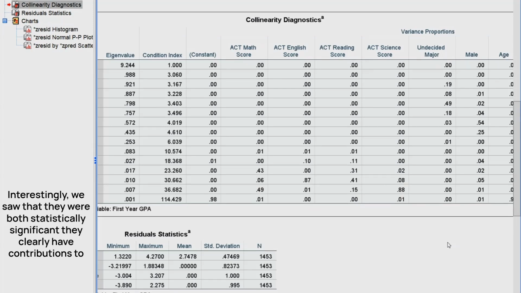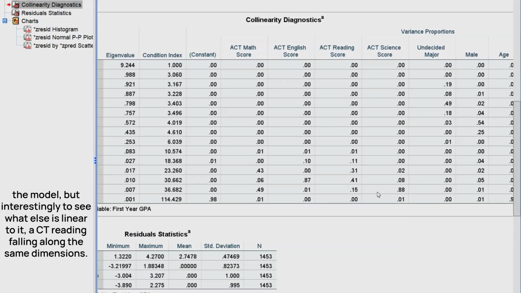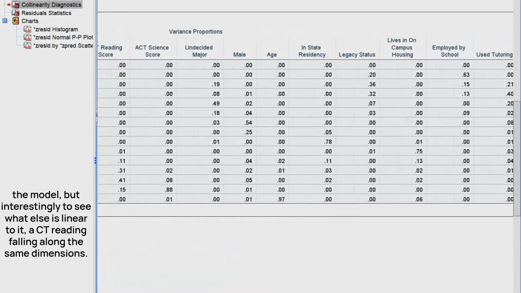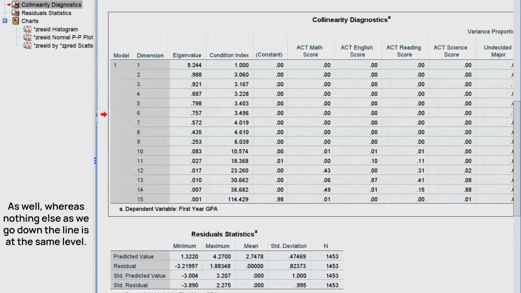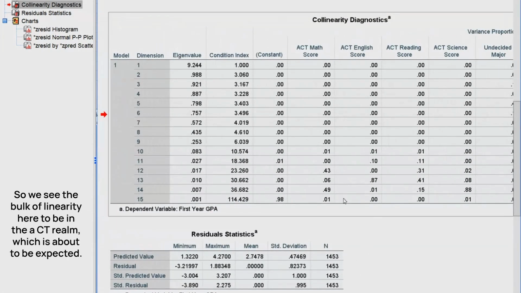They clearly have contributions to the model, but to see what else is collinear to it, ACT reading falls along the same dimensions as well, whereas nothing else as we go down the line is at the same level. So we see the bulk of collinearity here to be in the ACT realm, which is about to be expected.